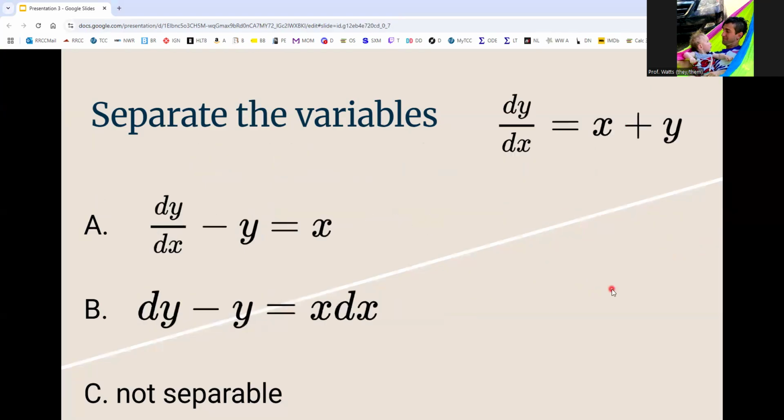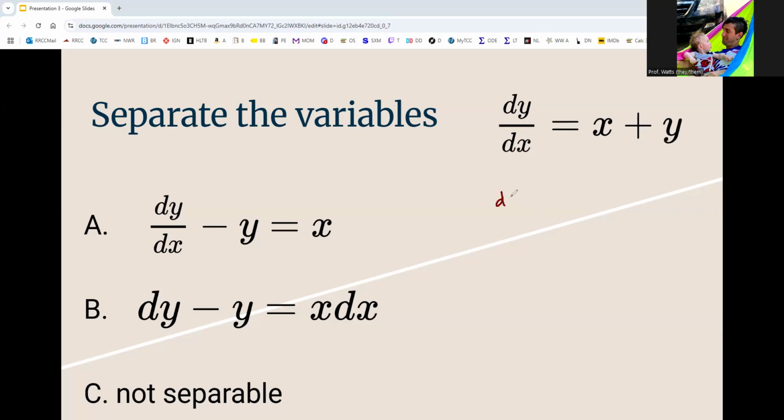All right, here's another example. Dy over dx equals x plus y. Pause if you need more time. So if we try to separate the variables, there's not really a way to multiply or divide by a function of y without taking x with you.